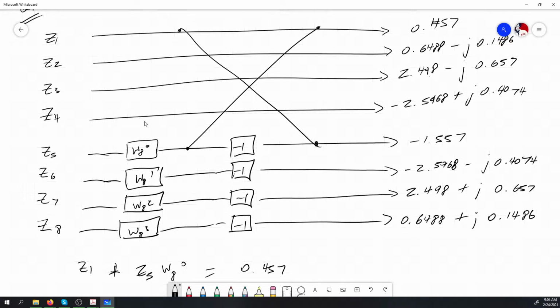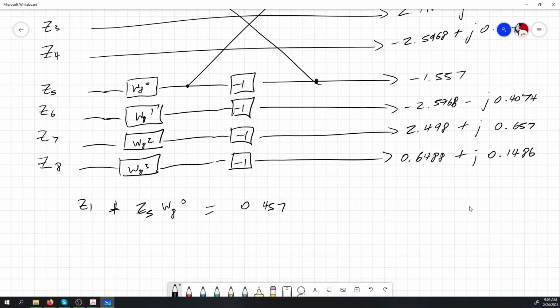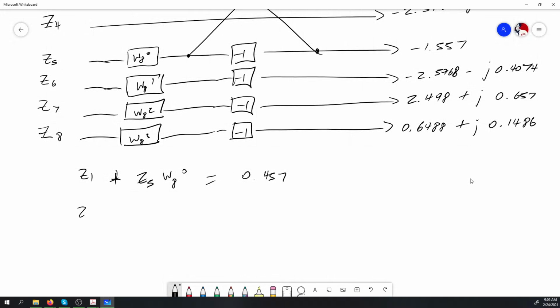And then conversely, Z1 here plus Z5 W8 of 0 by -1 is equal to minus 1.557. So Z1 here plus Z5 W8 of 0 minus 1 equal to minus 1.7.